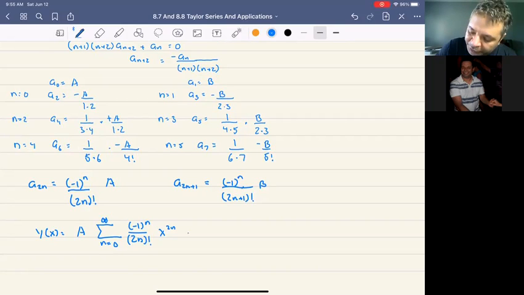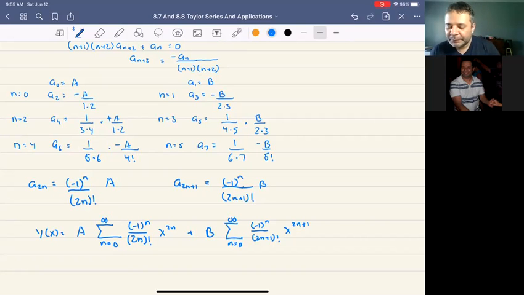Plus b times the sum, n goes from 0 to infinity, of negative 1 to the n over 2n plus 1 factorial, x to the 2n plus 1.